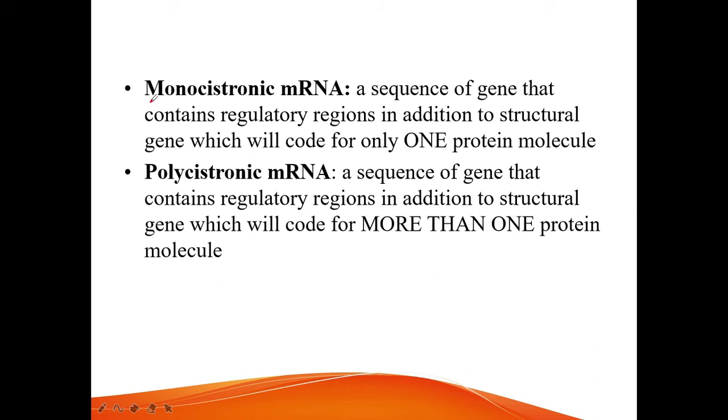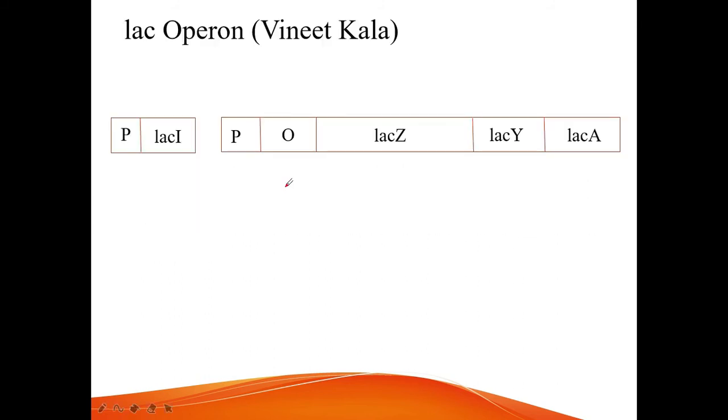I will repeat it again. If one mRNA gives rise to one protein, it is called monocistronic mRNA. If one mRNA translates into more than one protein molecule, it is called polycistronic mRNA. I will give an example of this in future slides.